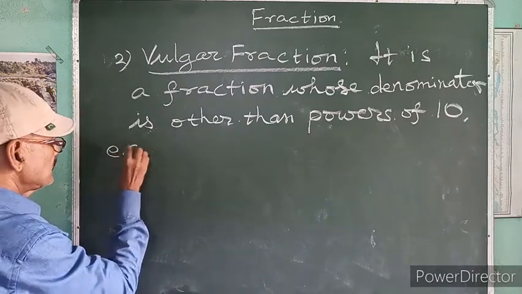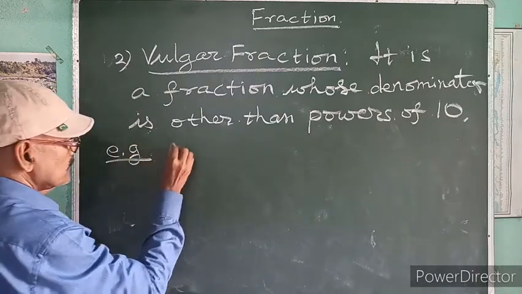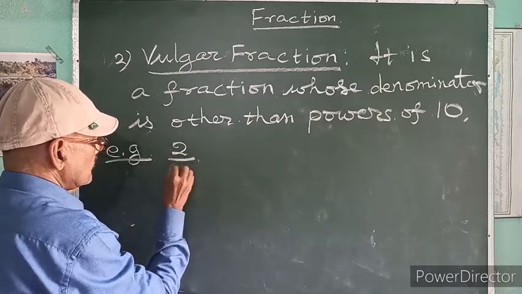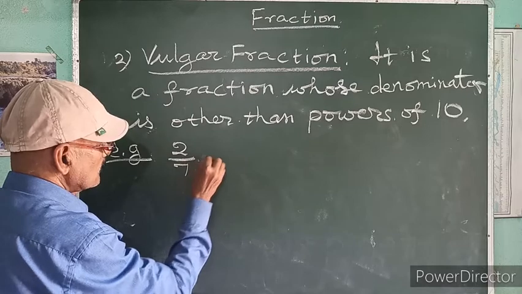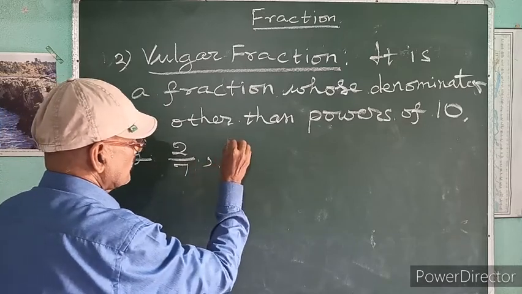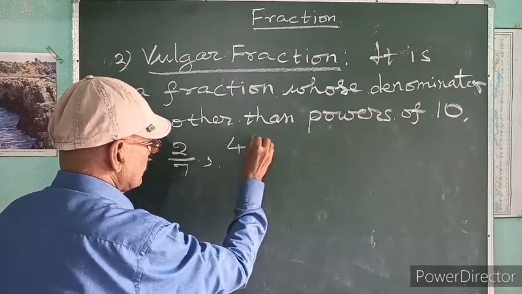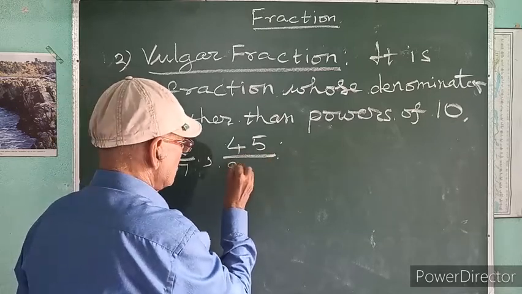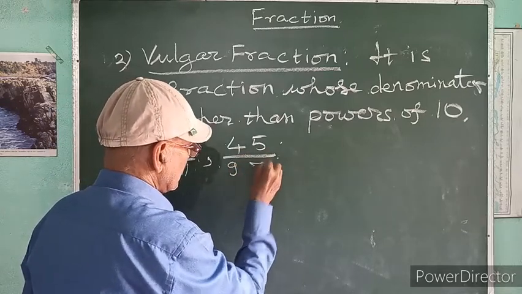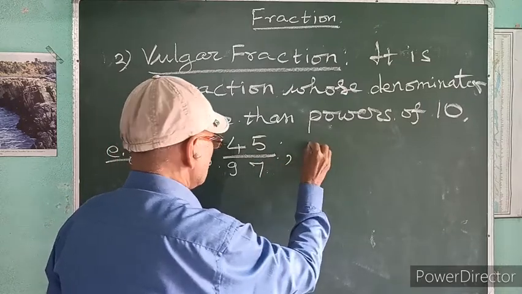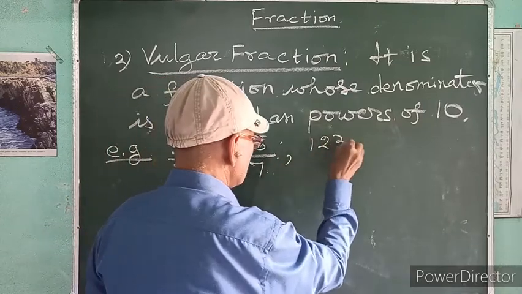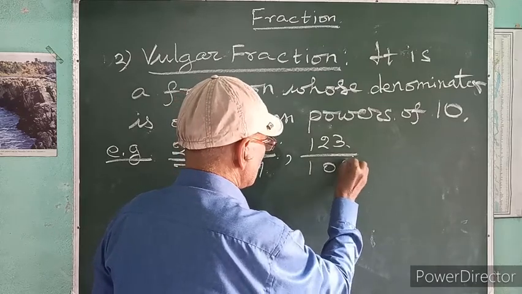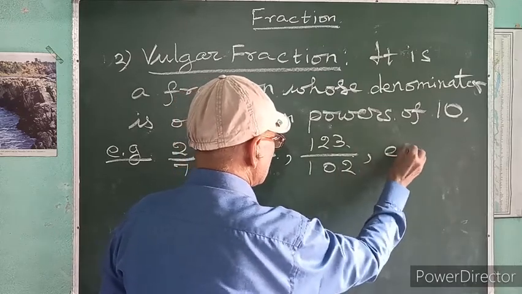Example: 2 by 7, 45 by 97, 123 by 102, etc.